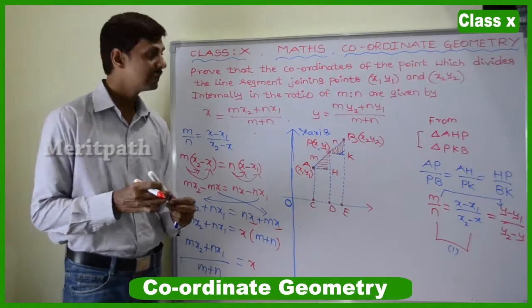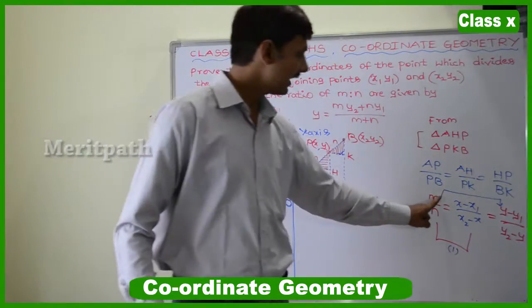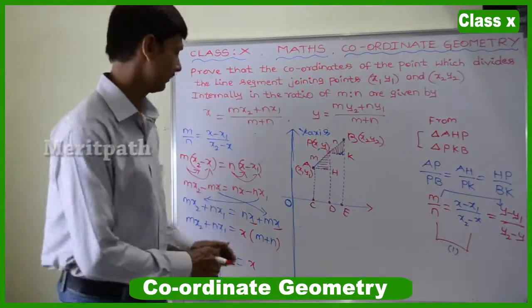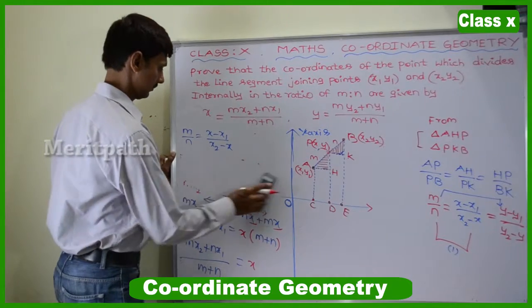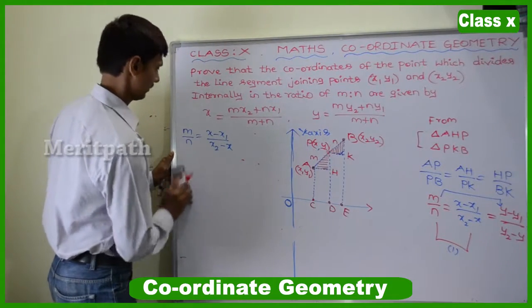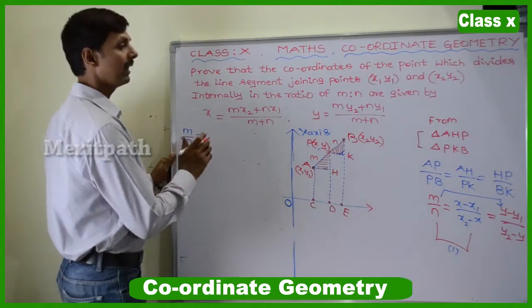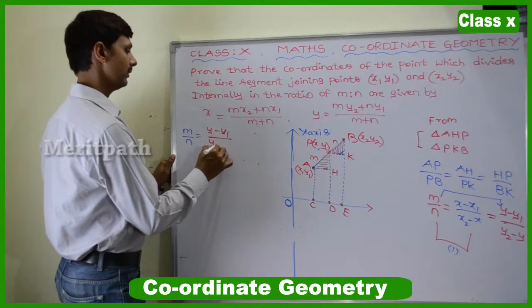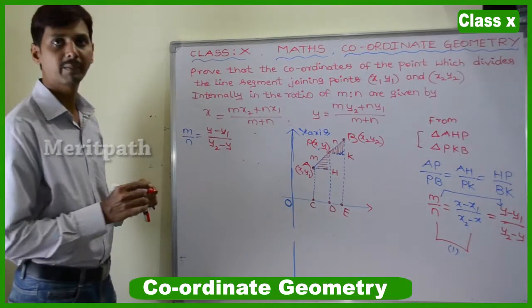Let us find out the second one, that is m by n is equal to y minus y1 by y2 minus y. Let us do cross multiplication of it.